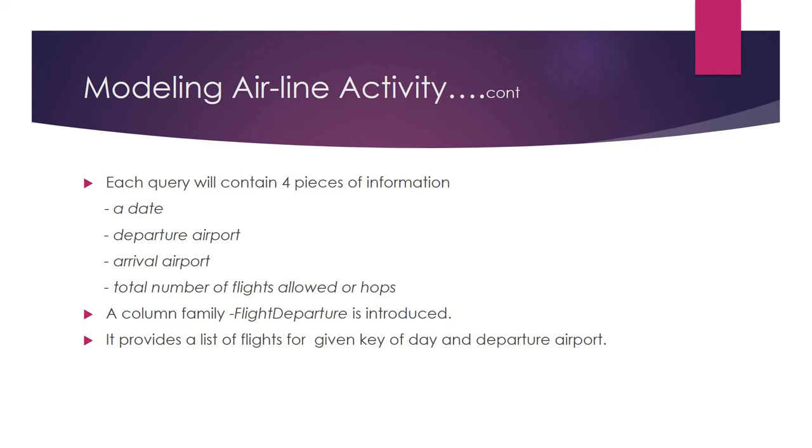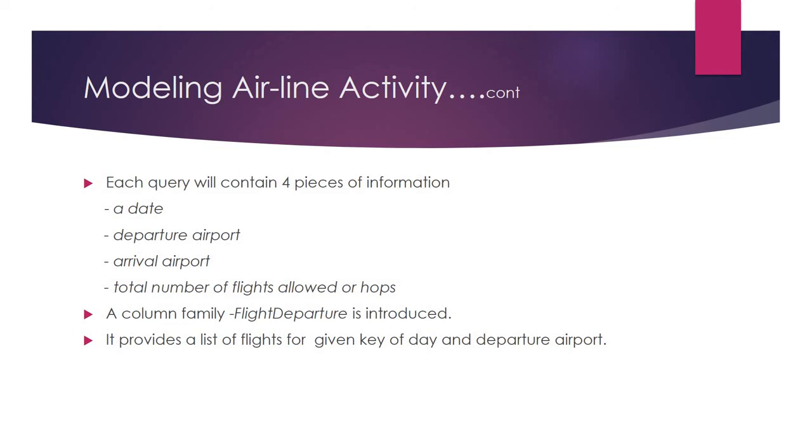A lookup is required that easily finds the list of flights departing that airport on a given day. For this reason we need a column family, so we introduce flight departure as one column family.